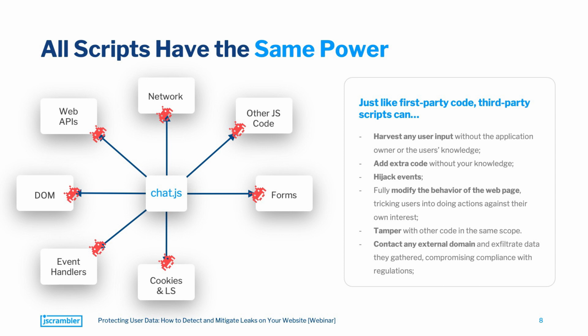This means that attackers can use a compromised live chat widget to harvest user inputs from any form that we provide, including, let's say, login forms or payment forms. They can also add additional code to the web page, hidden, let's say, in plain sight.